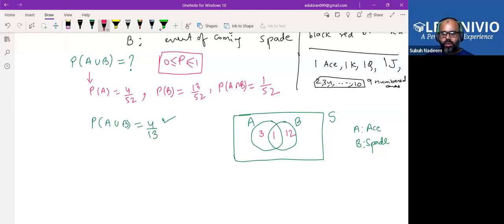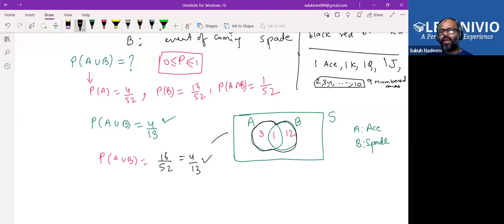So now what you can do is, if you have to find P of A union B, you can think like this also, that instead of going by this formula, which is P(A) plus P(B) minus P(A intersection B), P of A union B can be written as 16/52, because in A union B there are 3 plus 1, 4 plus 12, 16 elements, which will be 4/13.